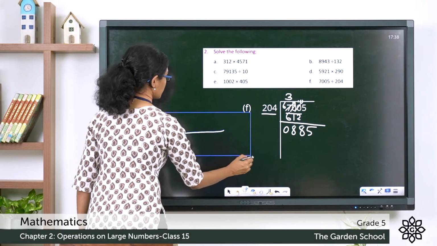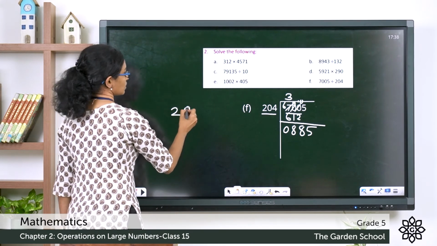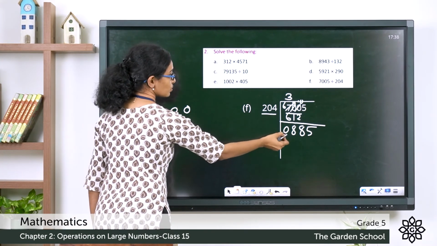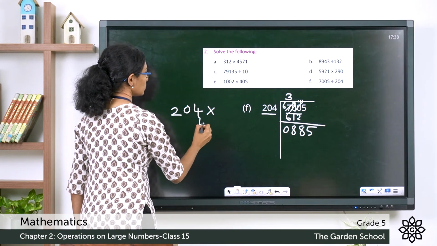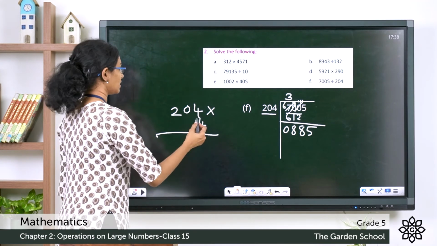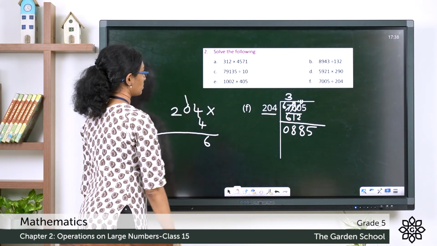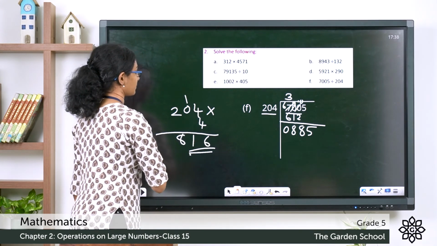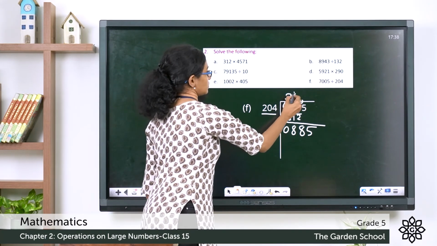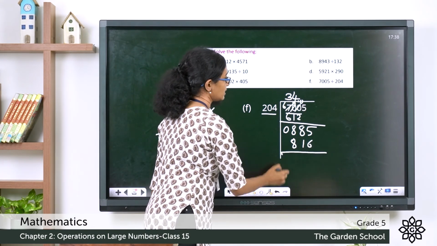So now let's see how we can divide 885 by 204. How many 204s will go in 885? Since 2 into 4 gives you 8 in the hundreds place, let's check if 200 into 4 will be a correct option here. So 4 into 4, 16, carry over 1, it's 1, 4 into 2, 18. Okay. So I'm taking 4 here. So product is 816.